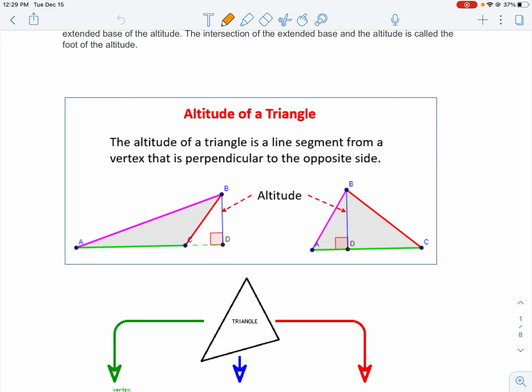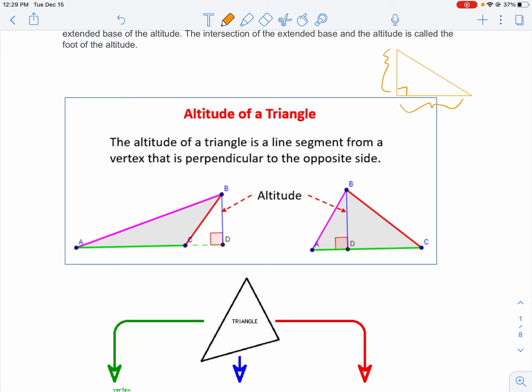Okay, your altitude can either be measured on the inside of the triangle or on the outside. Or if you recall your right triangles, your height is always either this side here or this side here.